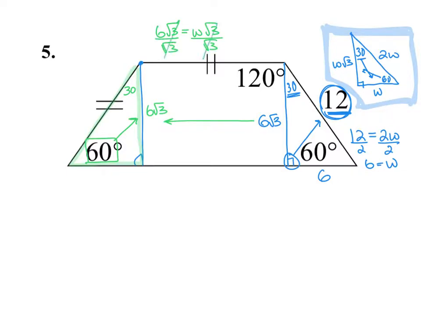And in this case, both root 3's divide out to be 1, so W is 6. So now let's use 6 to get the rest of this left side of the trapezoid. So side across from 30 is 6. Side across from 90, we need 2 times 6, so that's 12.